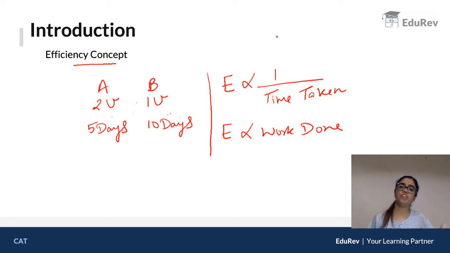If you're more efficient, you will do more work in the same amount of time, and if you're less efficient, you're going to do less work. So this is your concept of efficiency. Quite a few questions in CAT are definitely asked on efficiency and MDH, so make sure you're thorough with these concepts. Now let's solve a few word problems regarding the same.